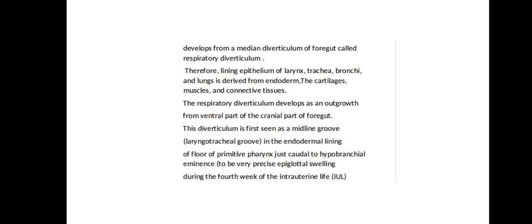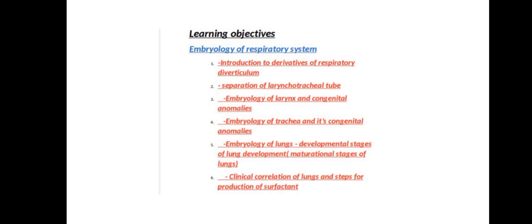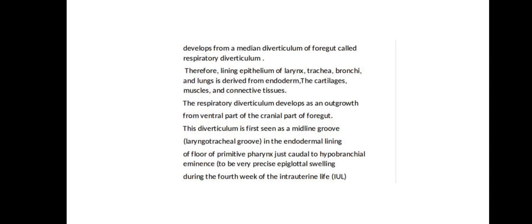Now, we can move to the second objective, whereby we deal with the separation of the laryngotracheal tube. The respiratory diverticulum develops as an outgrowth from the ventral part of the foregut. So what have we just said?